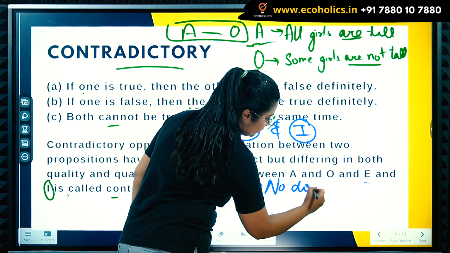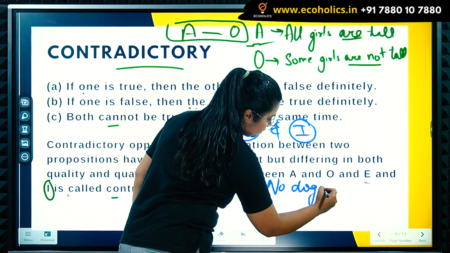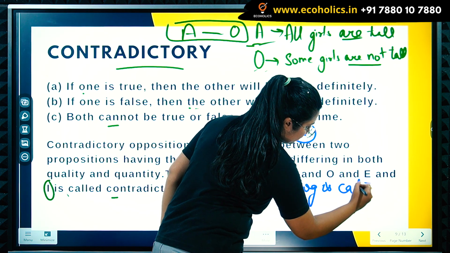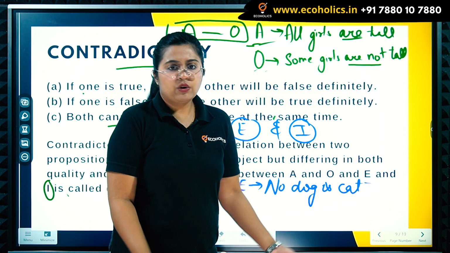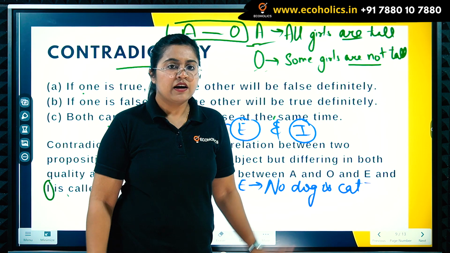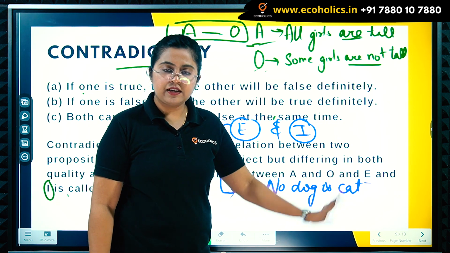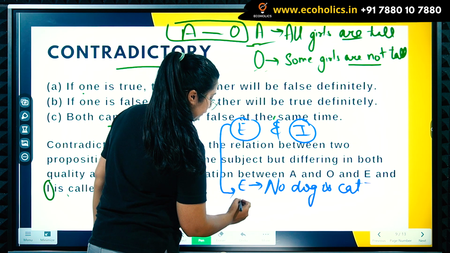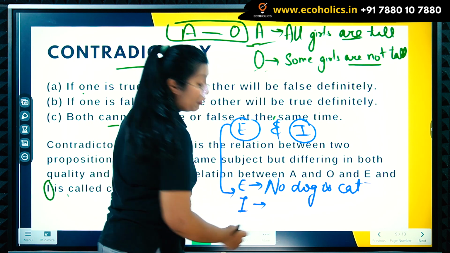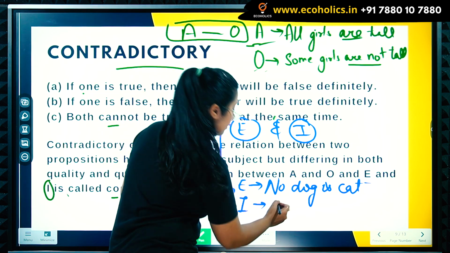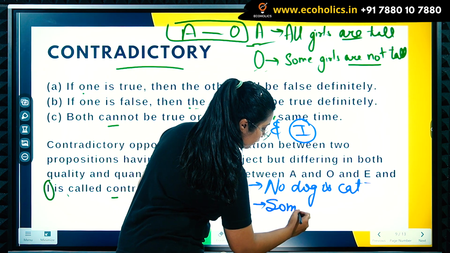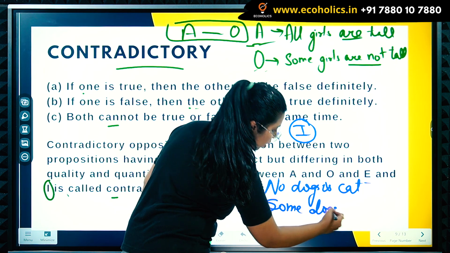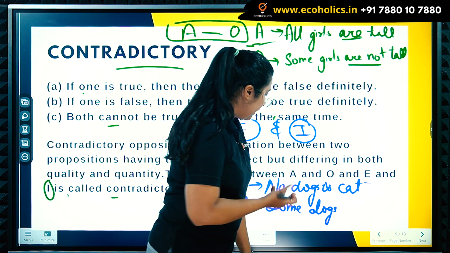Now, if we talk from the point of view of E type, it will be: no dog is cat. This is a statement which is universally negative. And if I talk from the perspective of I type of statements, some dogs, I'll keep this as dogs so that it's grammatically not incorrect.